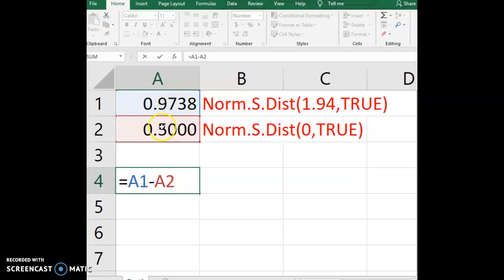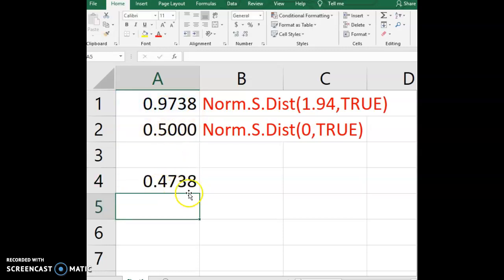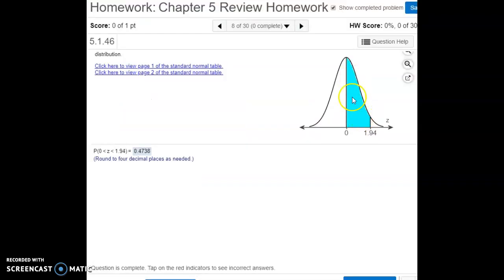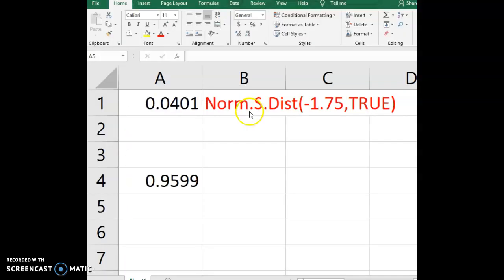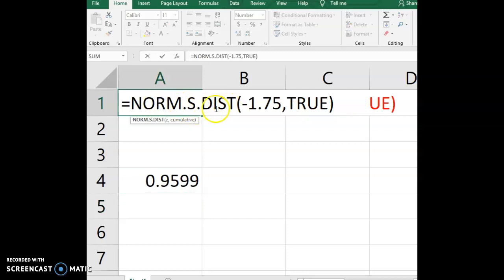We do our first result minus our second, and we'll be left with the probability of being in between the two z-values. For number 9, we're going to find the probability of being greater than or more to the right of a specific z-value. So we'll use norm.s.dist in Excel, enter in that z-value, comma, true.